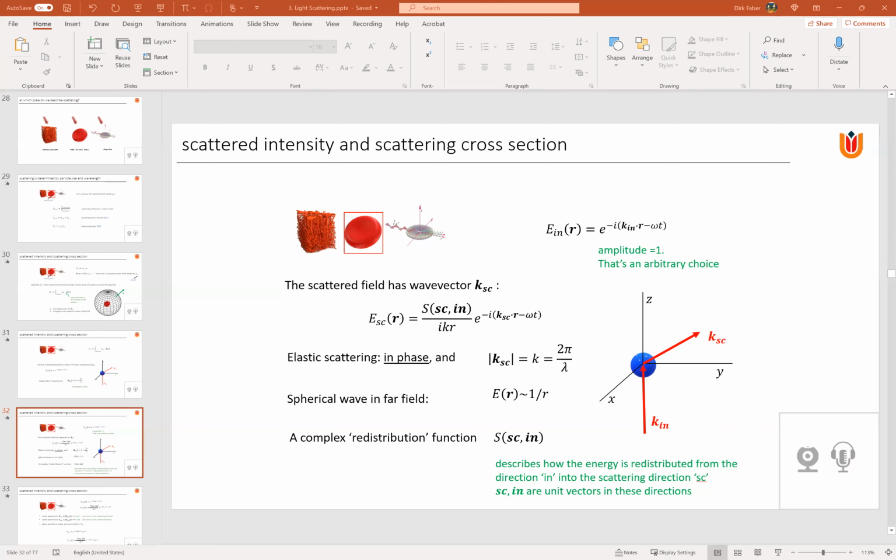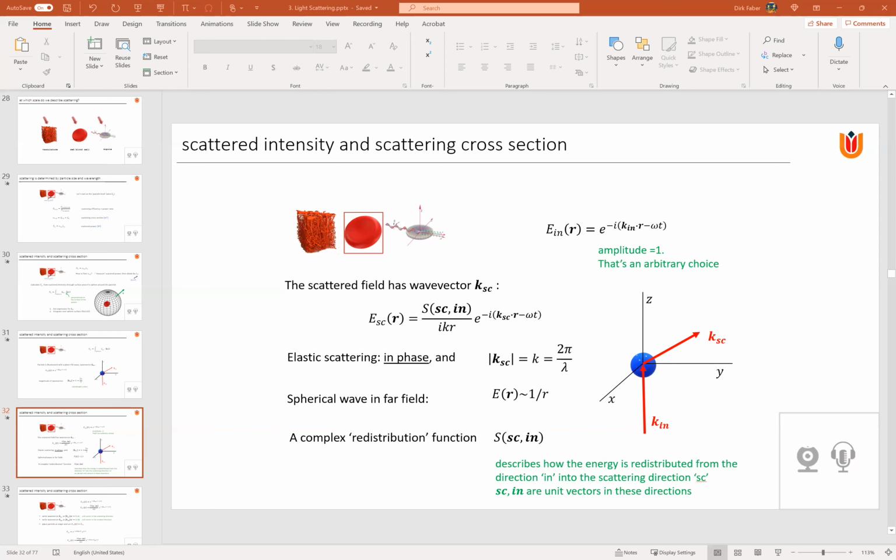What I'm just going to do here is now pose a very convenient form of the scattered field. And it's very convenient because it's very general. So I'm going to just write the scattered field as something that is still a plane wave, because we still have this complex exponential part at the end with the scattered wave vector and the omega t oscillation.